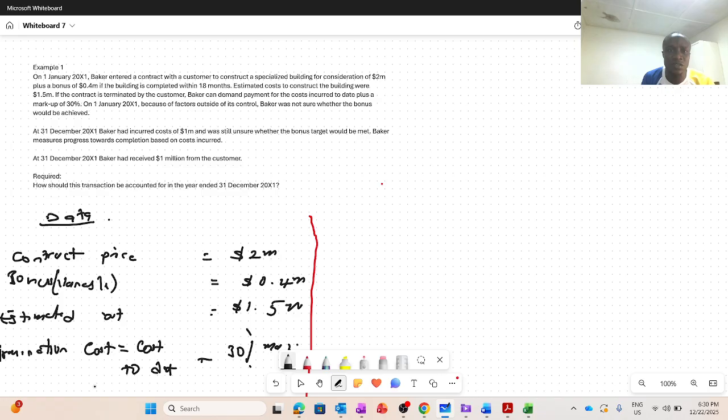So stage two, we are going to calculate the percentage of progress. Based on the question, we should calculate it using the cost to date.